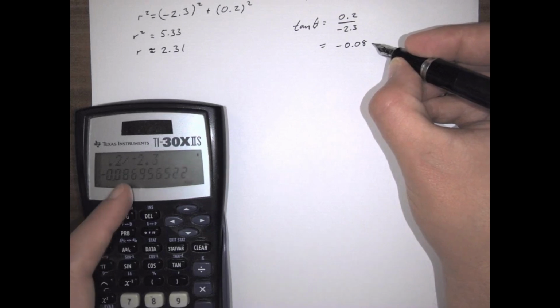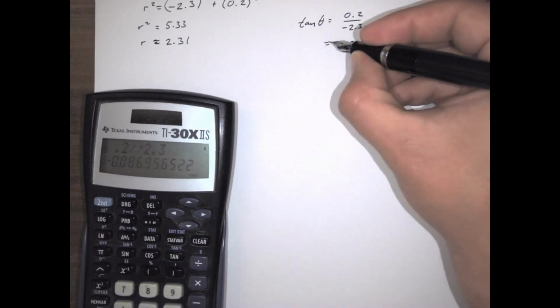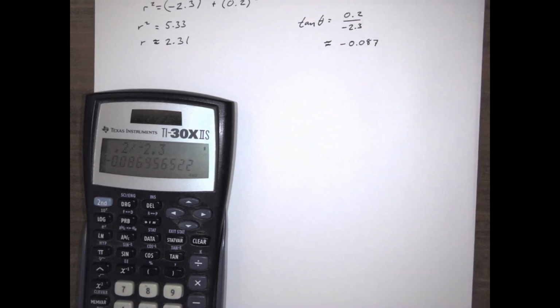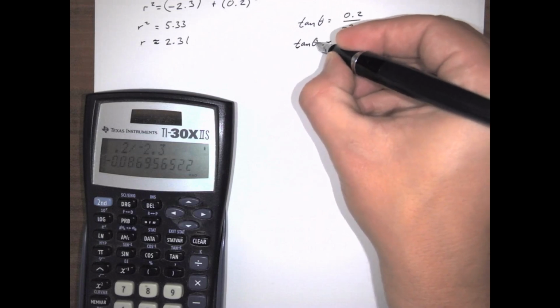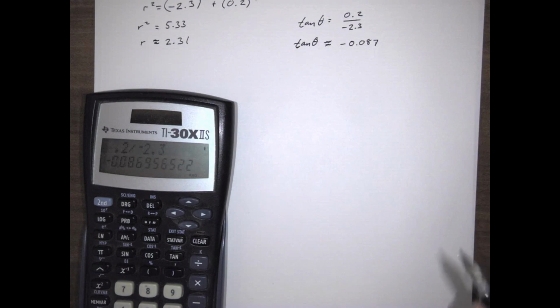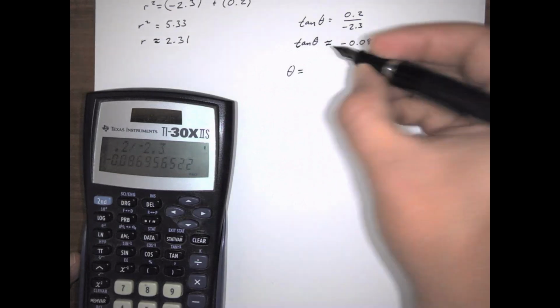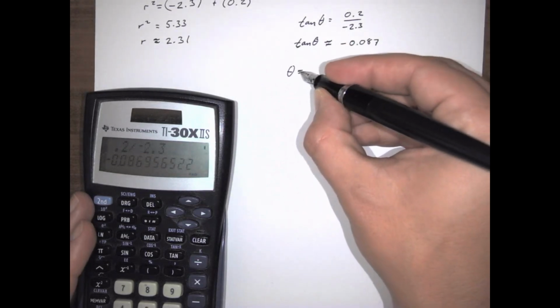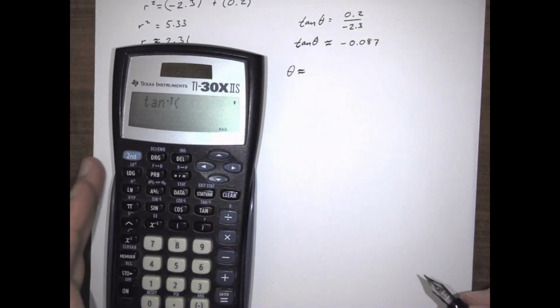I don't want to round it to only one significant figure, that seems a little bit excessive, so I'll round it to that. But most importantly of all, I'm going to be just using the answer in my calculator so that I'm not using anything that has been rounded too aggressively. Okay, so then theta equals the inverse tangent. So I'll now do the inverse tangent here.